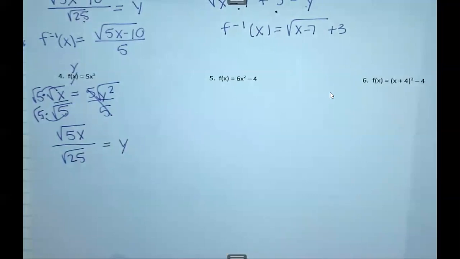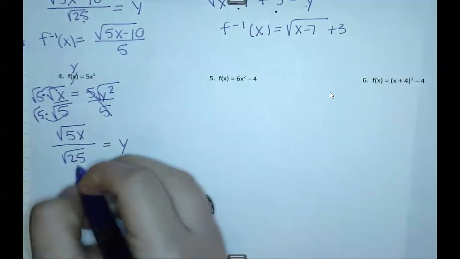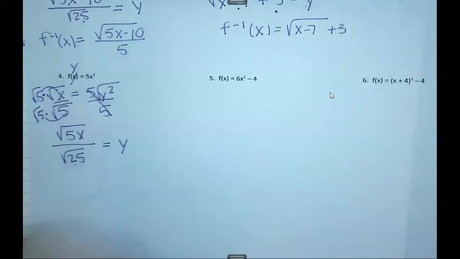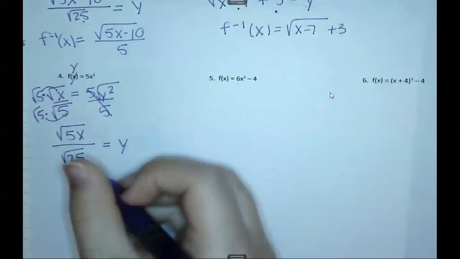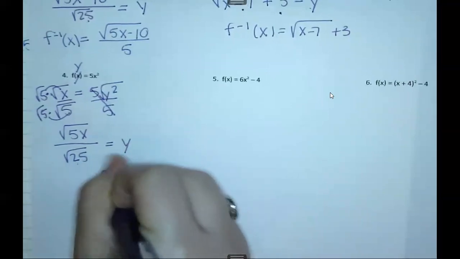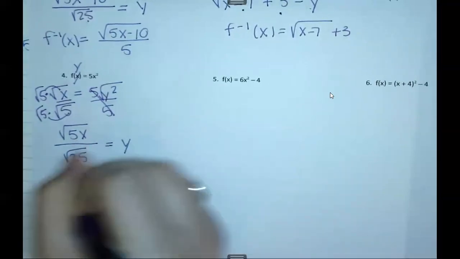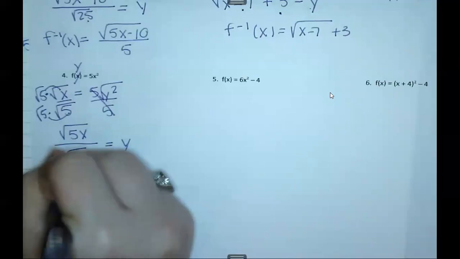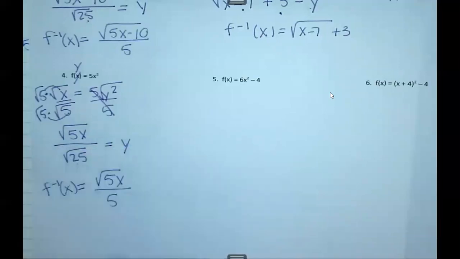You can take the square root of 25. It becomes 5. You cannot take the square root of 5x, so it stays underneath the square root, but the bottom becomes just 5. And we change our y into inverse. So this one's very similar to number 1.